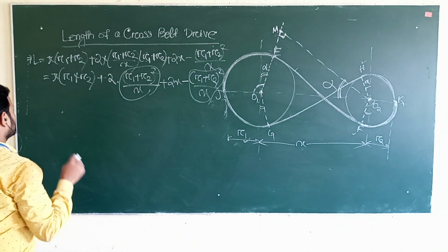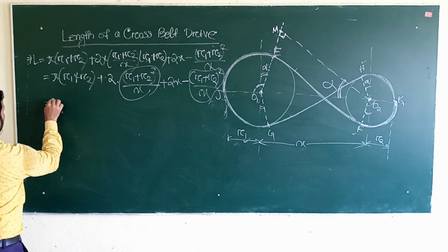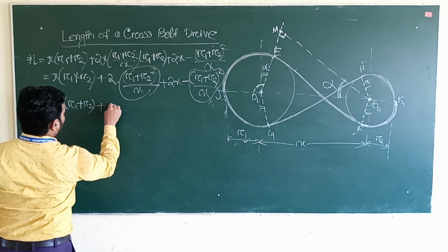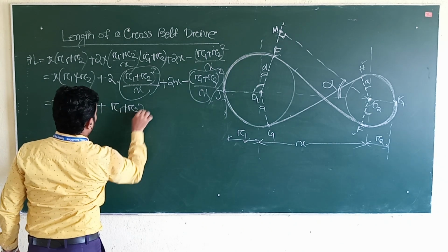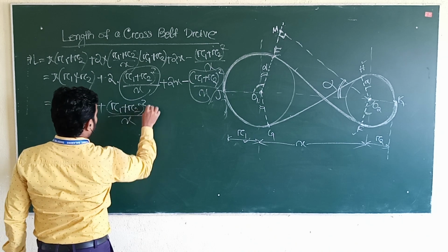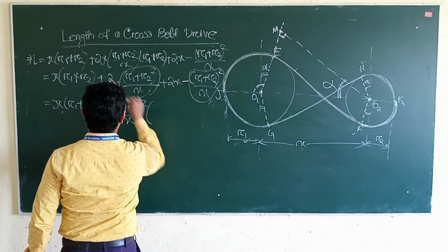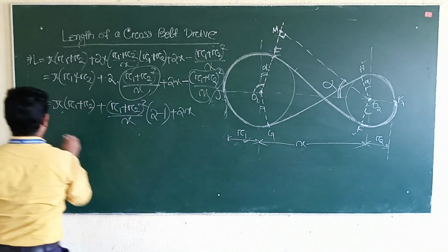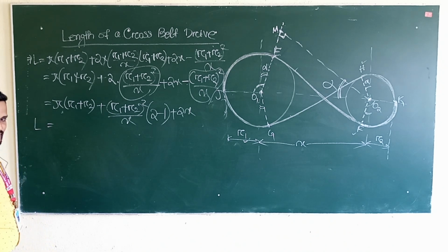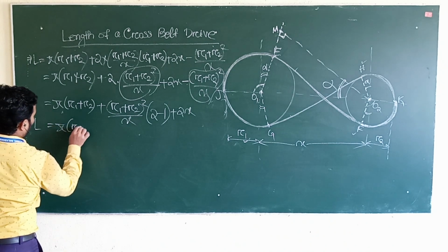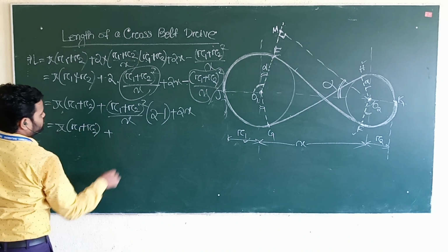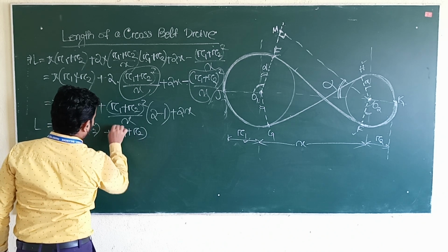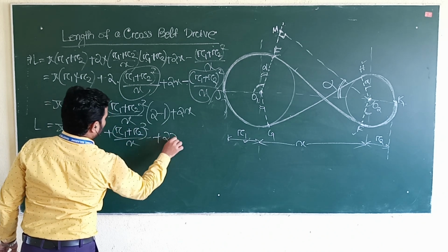So we will take common r1 plus r2 square by x. Now what will happen? Pi into r1 plus r2 plus, taking common r1 plus r2 square divided by x, the remaining terms will be 2, and here nothing means 1, plus 2x. Now capital L equals pi into r1 plus r2 plus 2 minus 1, how much? 1. So the remaining term is r1 plus r2 square by x plus 2x.